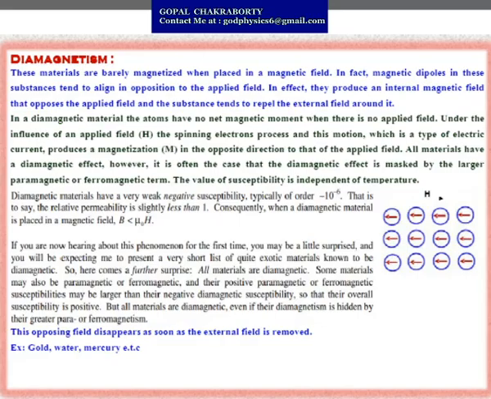So the overall susceptibility is positive, but all materials are diamagnetic even if their diamagnetism is hidden by their greater para or ferromagnetism. The opposing field disappears as soon as the external field is removed.